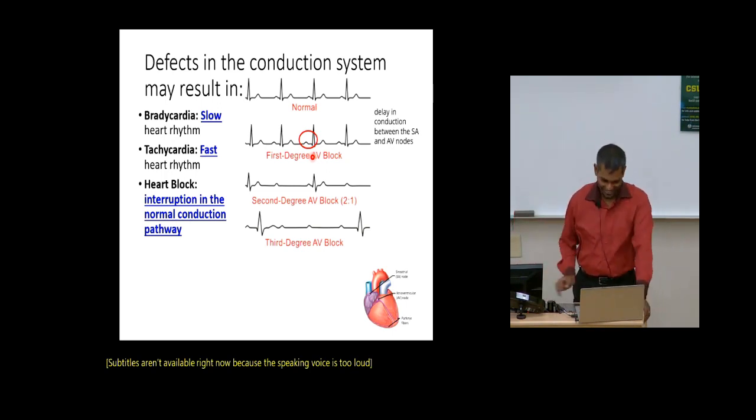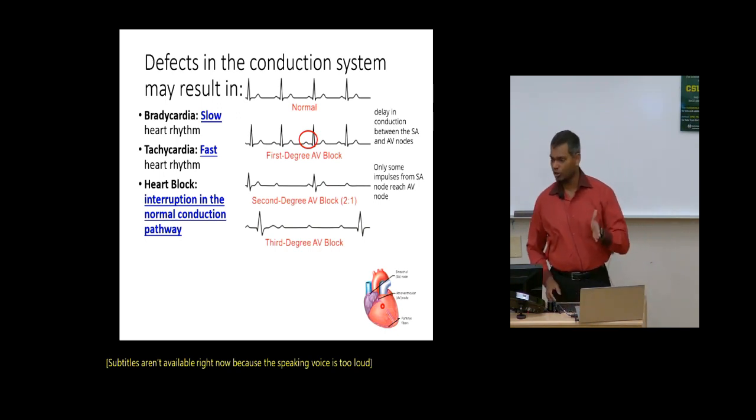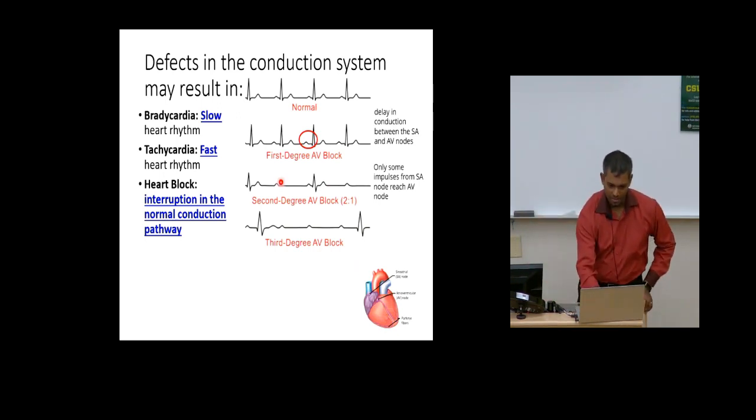I got 4. Great. So now let's move to a second degree block. In a second degree block, we see that only some impulses are reaching from the SA node down to the atrioventricular node. As a result, in some cases, you will not have the QRS complex, which should follow the P wave. Notice here, you have the P wave, following that you have the QRS complex, and notice here there is a QRS complex missing.